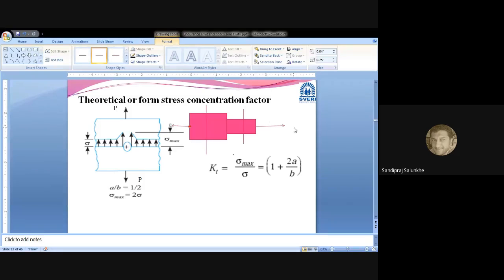That's why force divided by this area gives a lower stress value. But we are not accommodating the change in area taking place at that place, where the same load is applied, and here stress may get concentrated. This we have not considered.